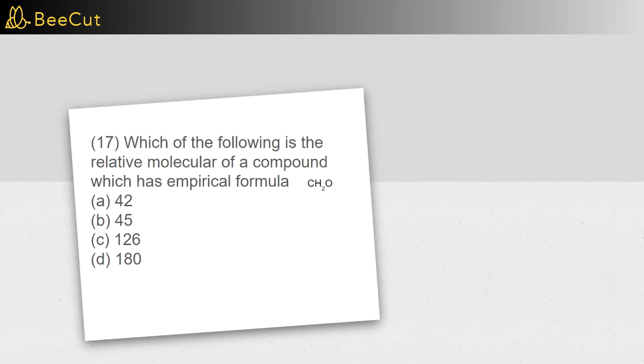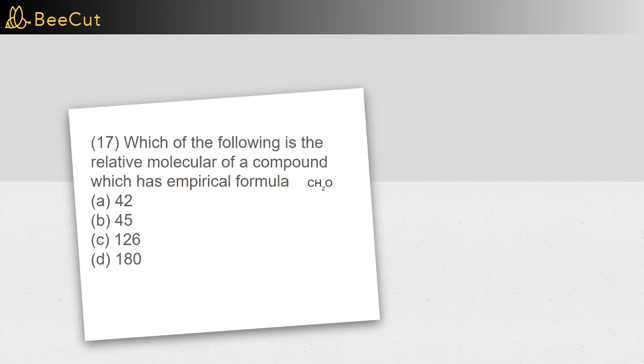For doing that, we are going to look for the molar mass, which is carbon has 12, hydrogen has 2 atoms, which is 1 multiplied by 2, plus oxygen, which is 16. When you add everything together, it gives you 30.